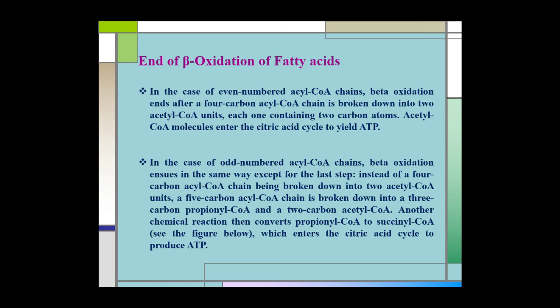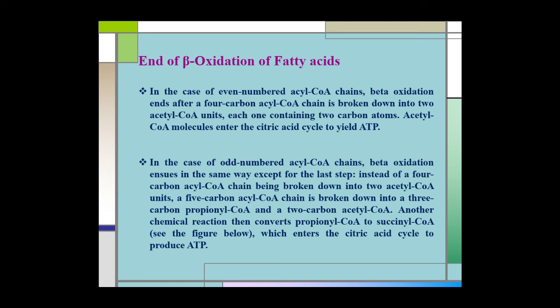End of beta oxidation of fatty acid. In the case of an even number acyl CoA chain, beta oxidation ends after a 4 carbon acyl CoA chain is broken down into 2 acetyl coenzyme A units, each one containing 2 carbon atoms. These acetyl coenzyme A molecules enter the citric acid cycle and yield ATP.